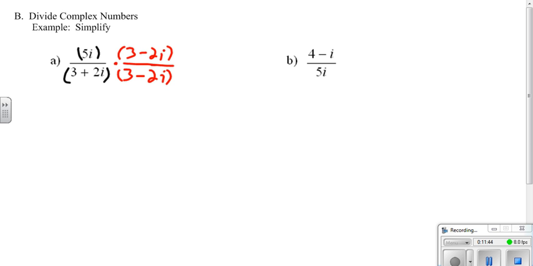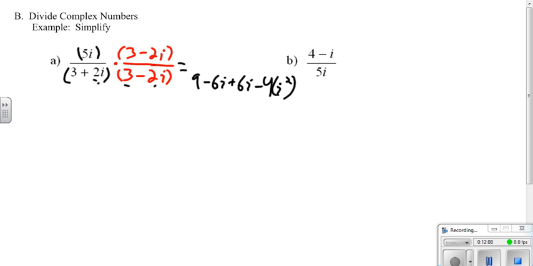3 and 3 make 9. 3 times a minus 2i, should I say, is a negative 6i. 2i times 3 is a plus 6i. And 2i times a minus 2i is negative 4i squared.